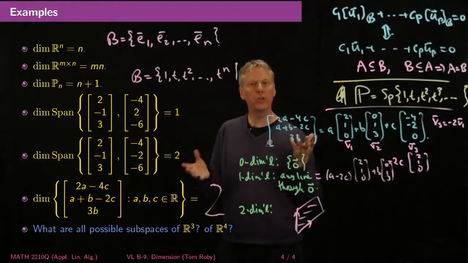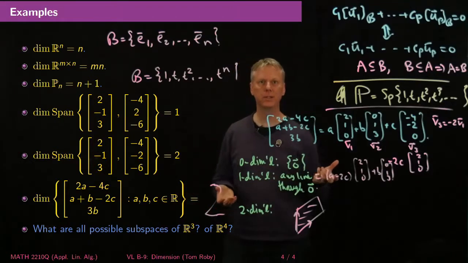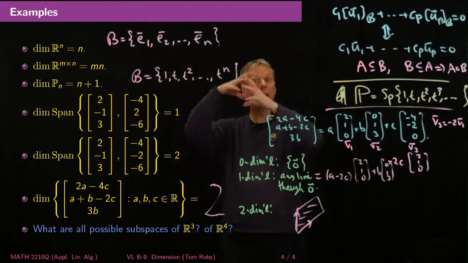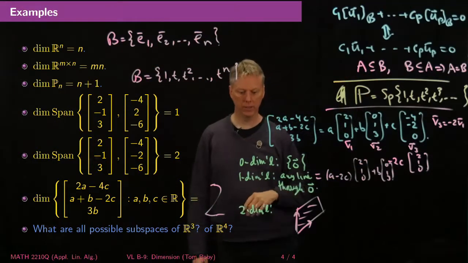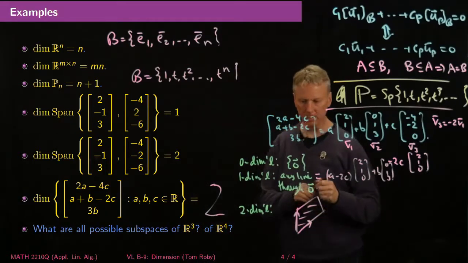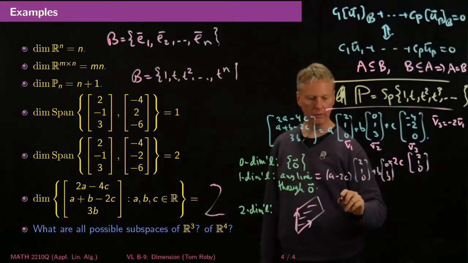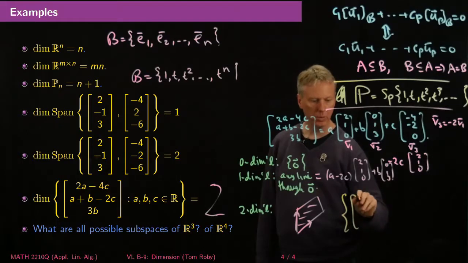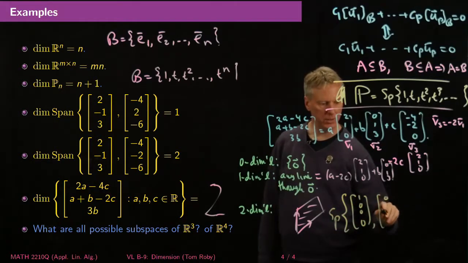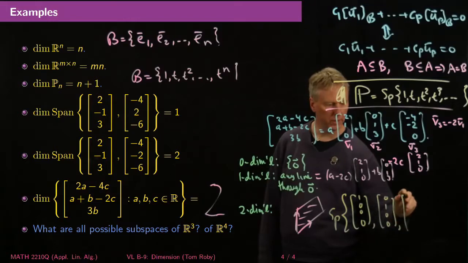But then you could also have 3-dimensional subspaces in R4 which are not the whole space. For example, the simplest one is the span of (1, 0, 0, 0), (0, 1, 0, 0), (0, 0, 1, 0), but I don't include the last one.